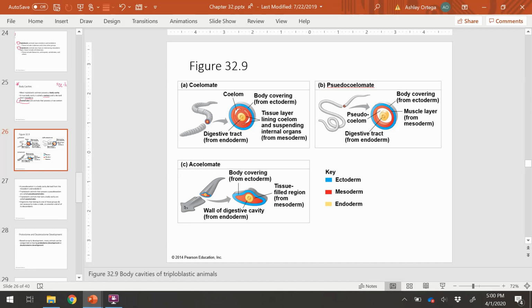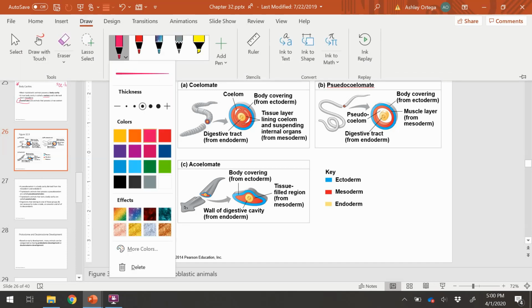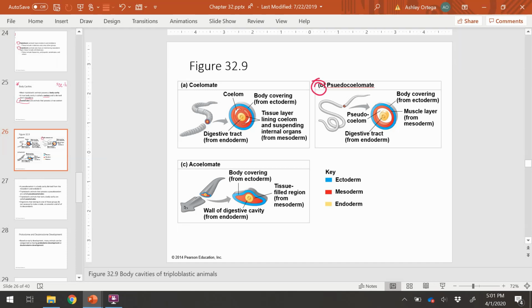Now looking at the second one here, pseudocoelomates. I think that's actually not spelled correctly. It should be pseudocoelomate. That is a false coelom, or false body cavity.